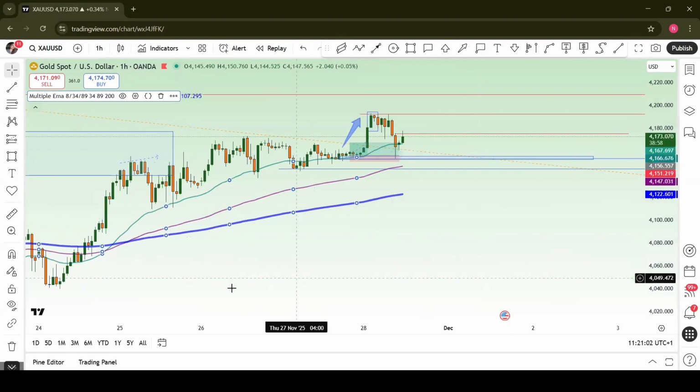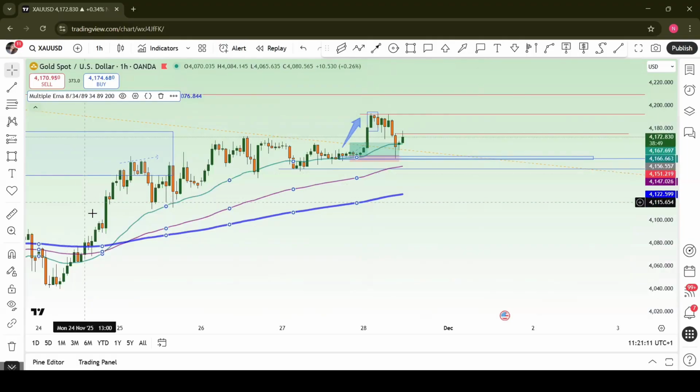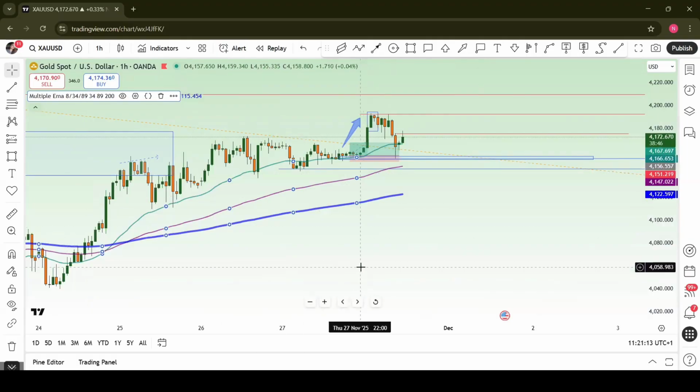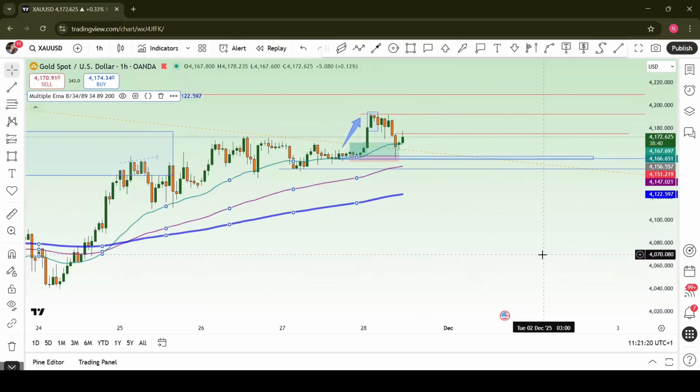However, this is when big players want to delete the traders that are greedy and do not have the discipline to set the stop loss order. So this is the story that the market wants to watch out for: the players that do not have the discipline to set a stop loss.